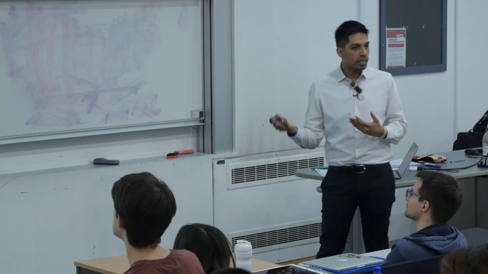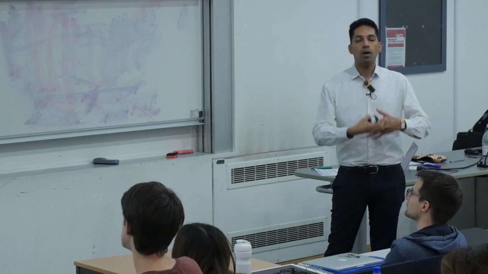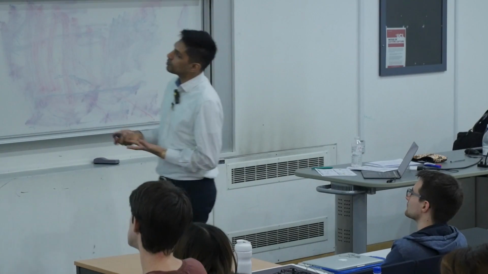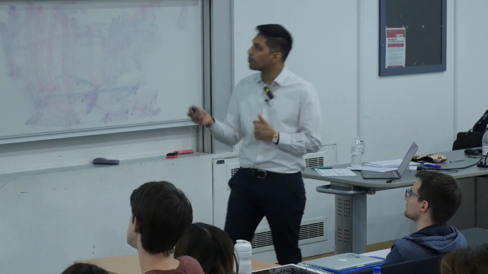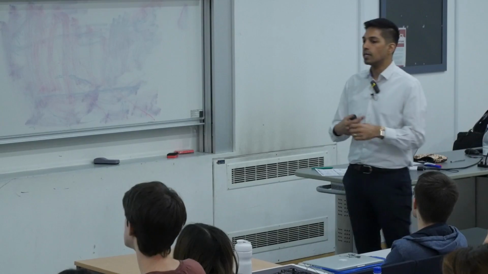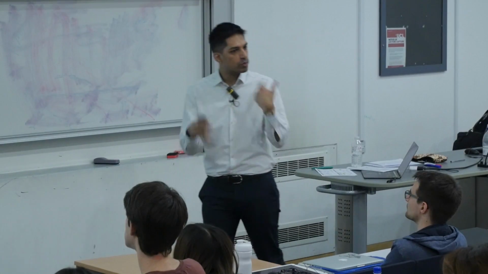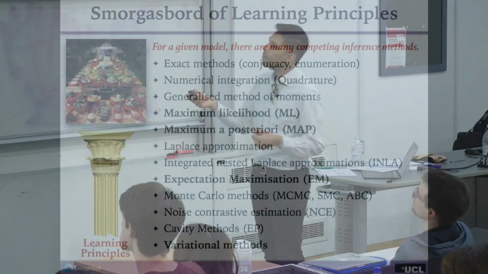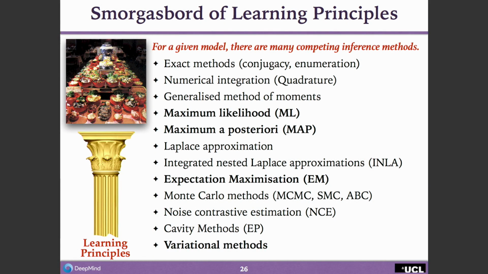So when it comes to learning principles, you now have a whole plethora of learning principles to choose from. The first ones that you were exposed to were the exact methods where you did enumeration of all the probabilities using a probability table, or you learned about conjugate exponential family models where you could do things in closed form. You also did numerical methods, numerical integration for simple one-dimensional, maybe two-dimensional integrals. You computed the integrals exactly.